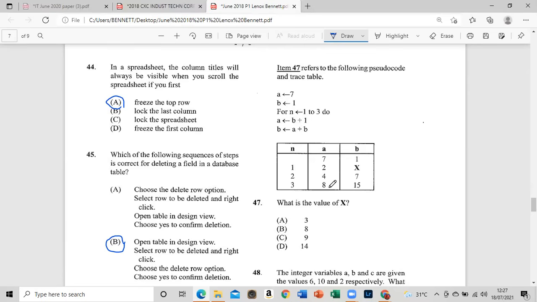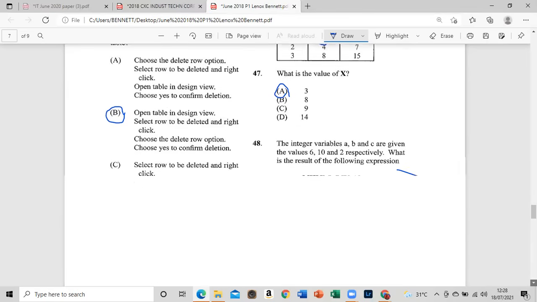So see there, 7 and 8, so you get b. So the pattern of this, you add this, this and this, forget this. So it will be 3. 1 plus 2 is 3. Maths, you know.